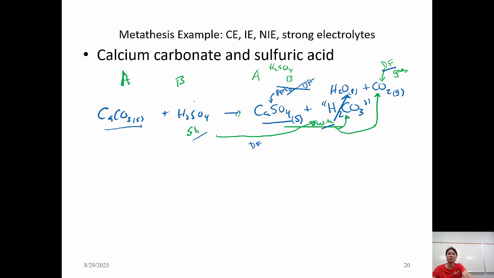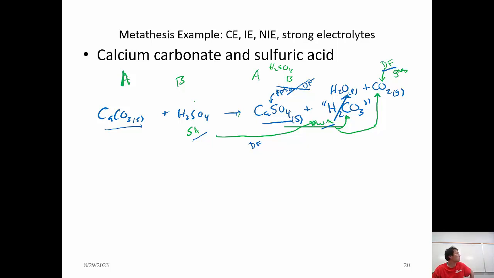The higher the melting point, the harder it is to break apart, which means the more stable it must be. That's one. Or, more directly, solubility. The less soluble it is, the more stable. The harder it is to break apart to get into solution. So the less soluble one should be the more stable one.